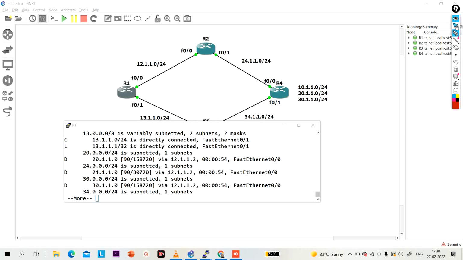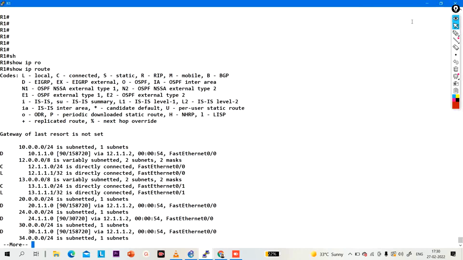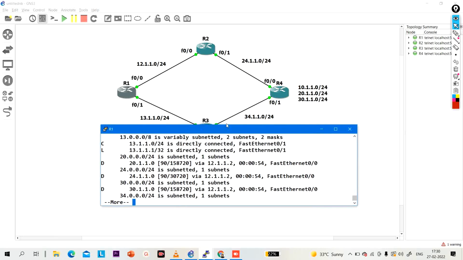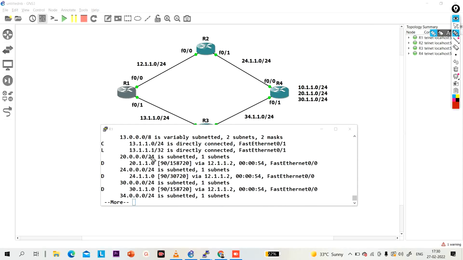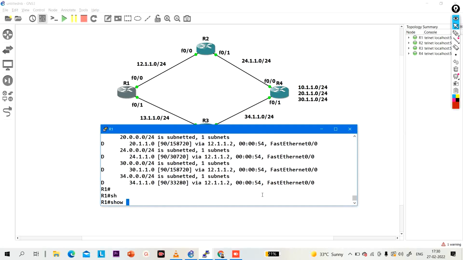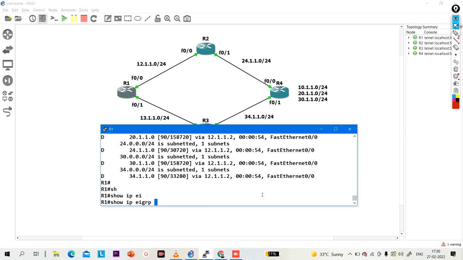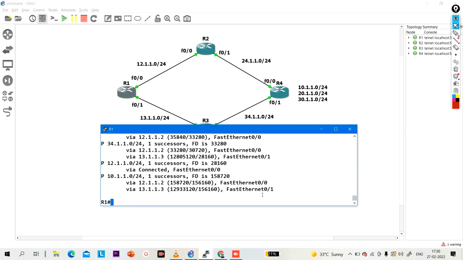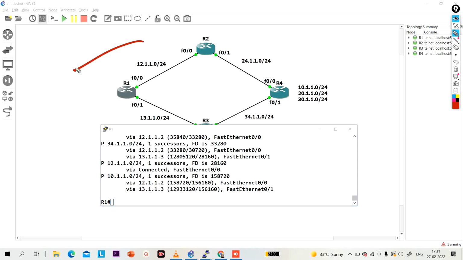Let me run show IP EIGRP topology. From this side, R1 is calculating metric 158720, and from this side R1 is calculating metric 1293320.